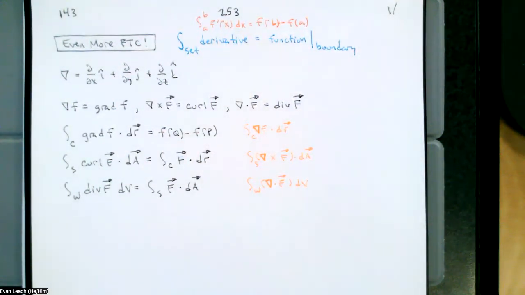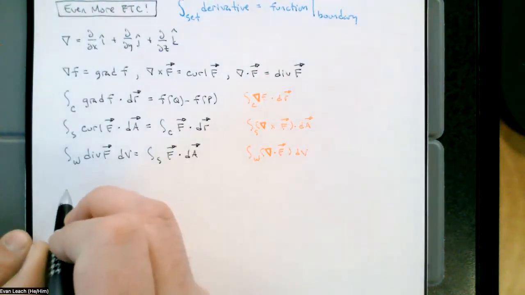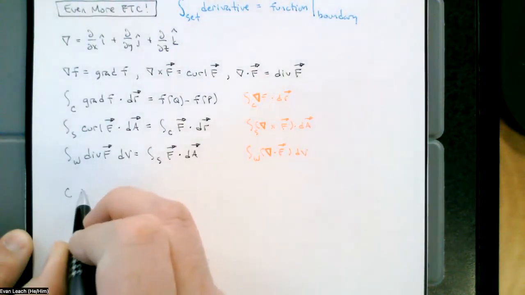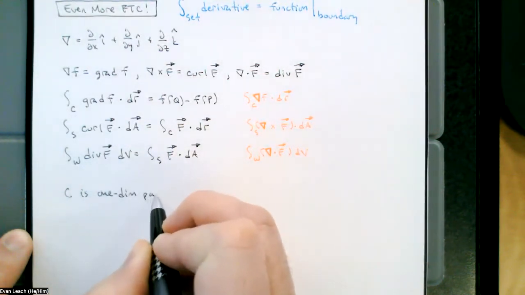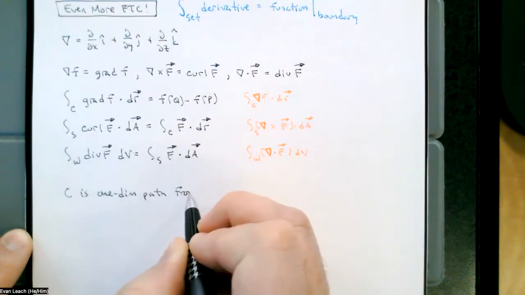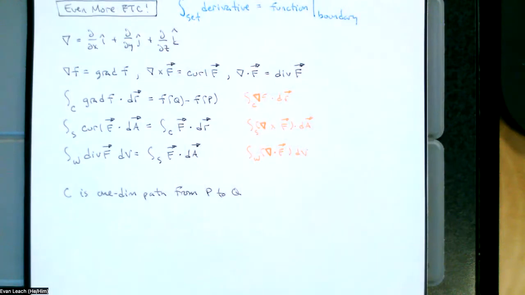We know that C is some oriented path between two points. So C was a one-dimensional path from P to Q, and dr was the direction along that path. dr is a vector tangent to the path.